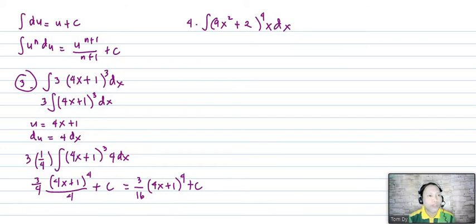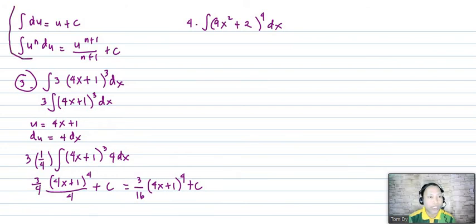For example, I will erase x first. I will rewrite this problem: the integral of (9x squared plus 2) raised to 4 dx.